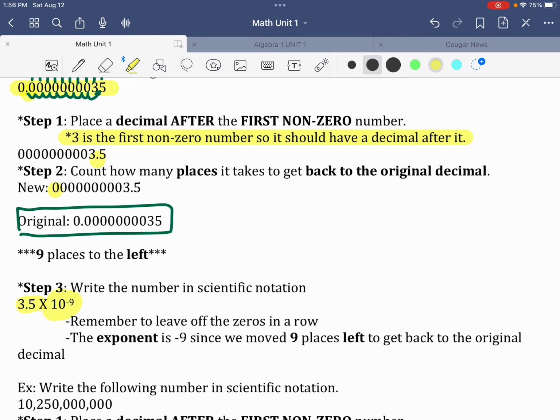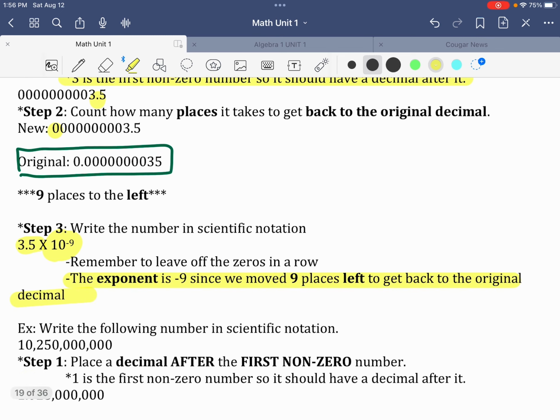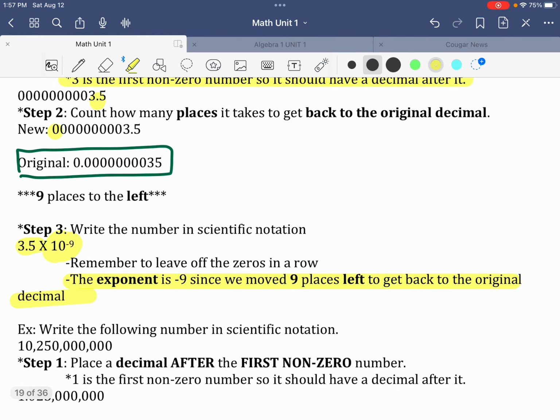So when you rewrite 0.0000000035 in scientific notation, it just becomes 3.5 times 10 to the negative 9th power. The reason? Because you moved it 9 places from the original number. Okay? So, very, very small number, negative exponent. Very, very large number, positive exponent.